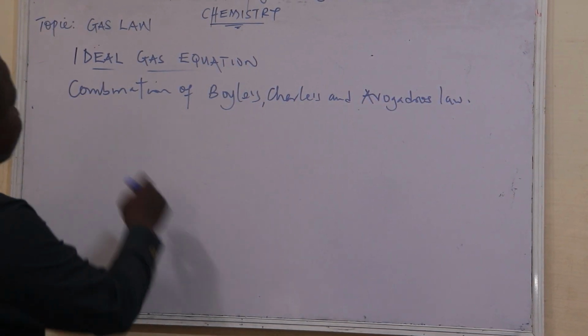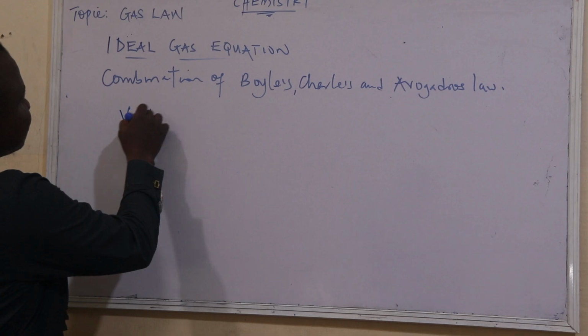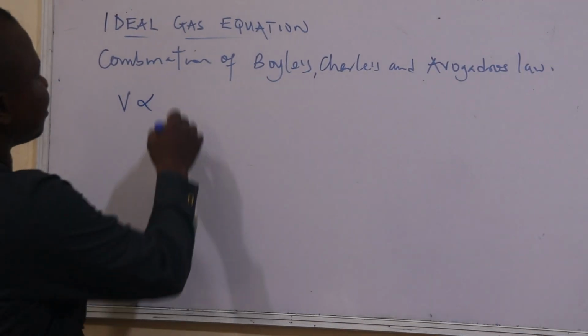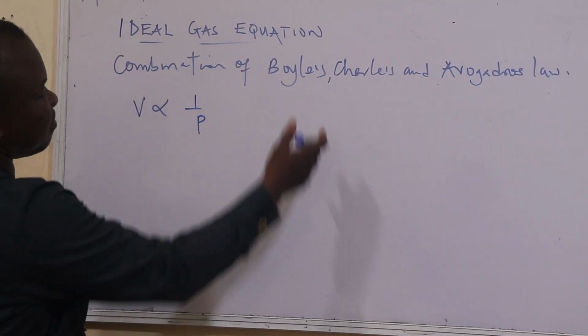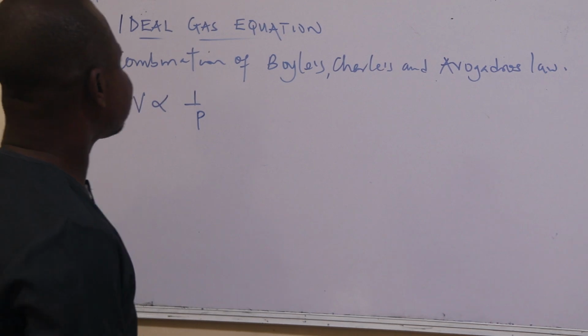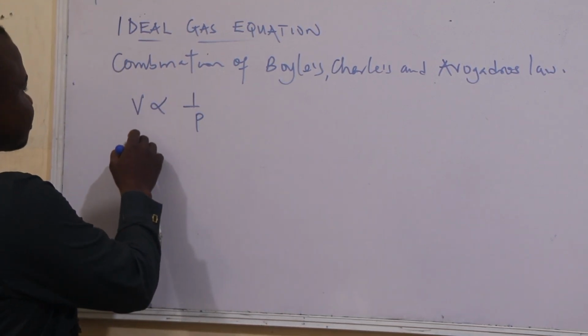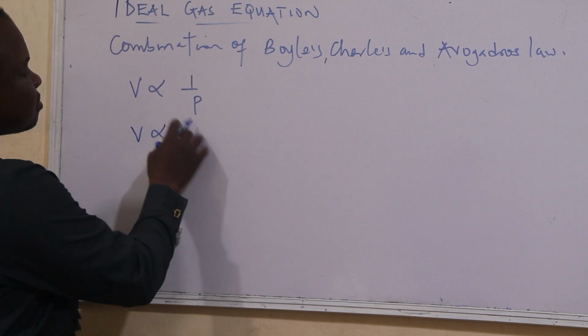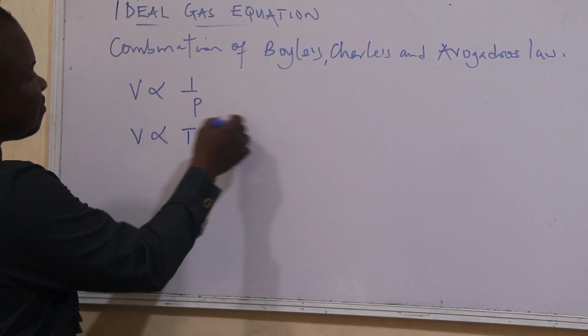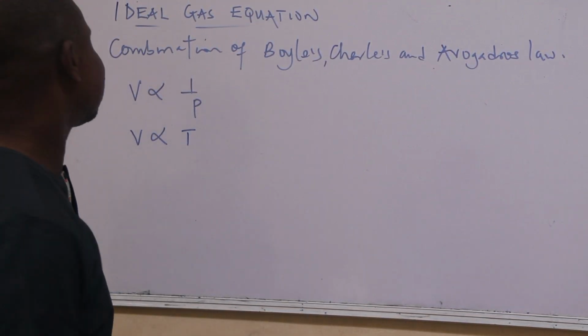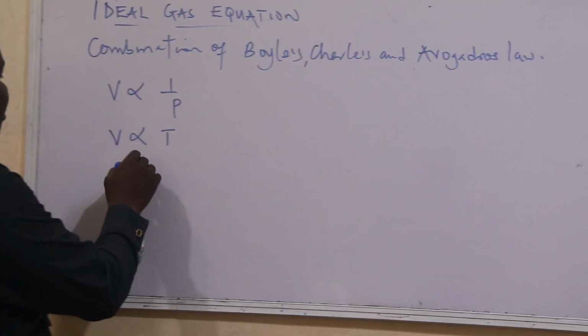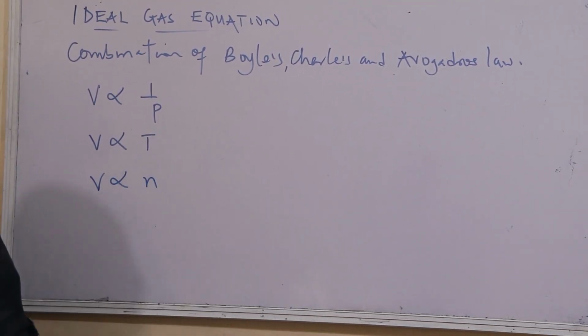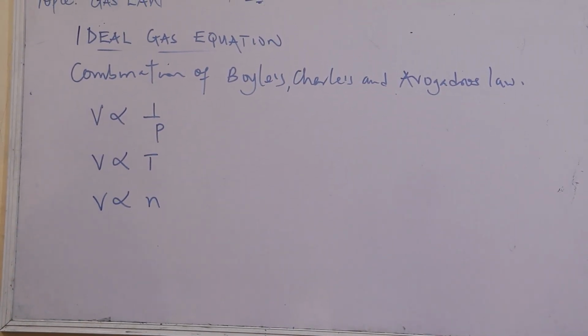Now let's see how we can derive this formula. Boyle's law says volume is inversely proportional to pressure, provided temperature is constant. Charles's law says volume is directly proportional to temperature, provided pressure is constant. Avogadro's law says volume is directly proportional to the number of moles.